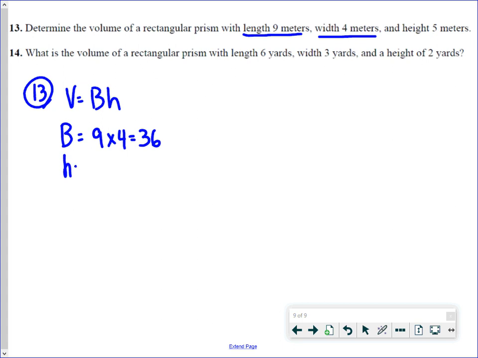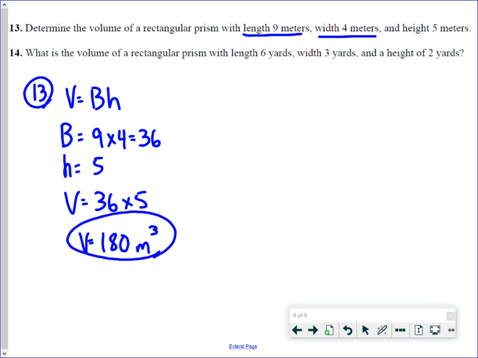We know our height, which is 5. So volume is equal to 36 times 5. So 30 times 5 is 150. 6 times 5 is 30. So 150 plus 30 is 180 meters cubed.